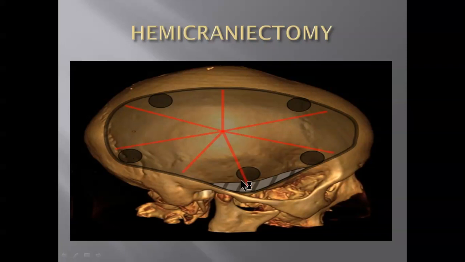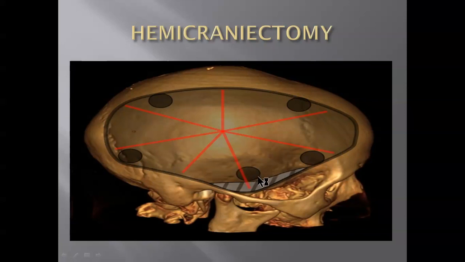So why is this a craniectomy and not a craniotomy? Because we won't put the bone back here. So that's why it's a craniectomy first of all. And why decompressive? Because we are doing it for decompressive purposes. And why unilateral?